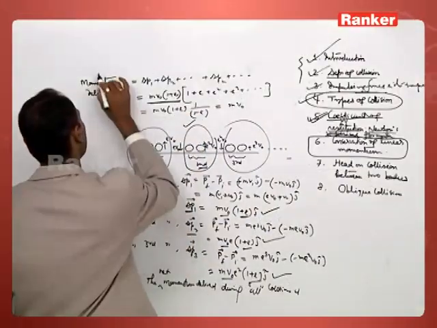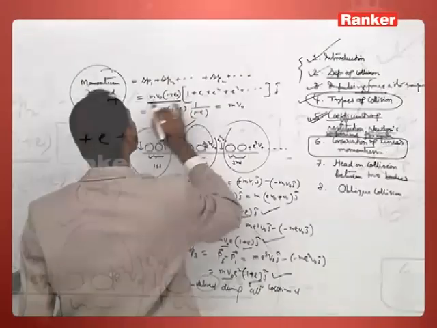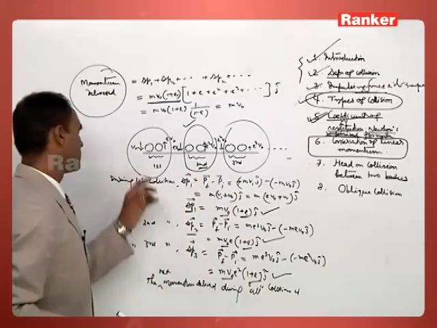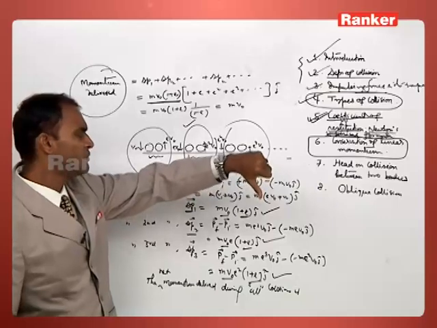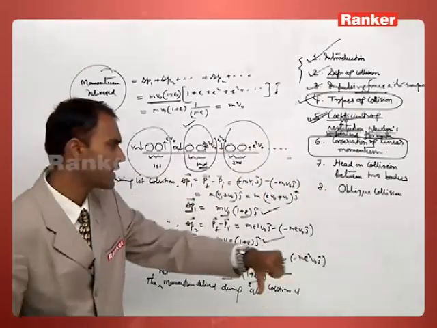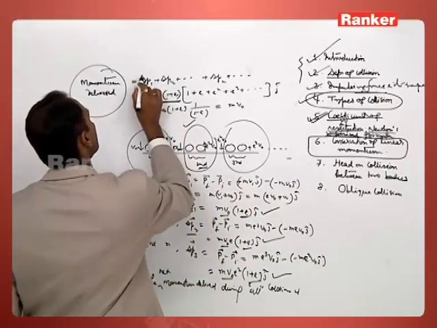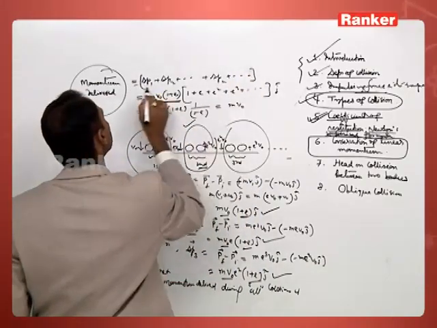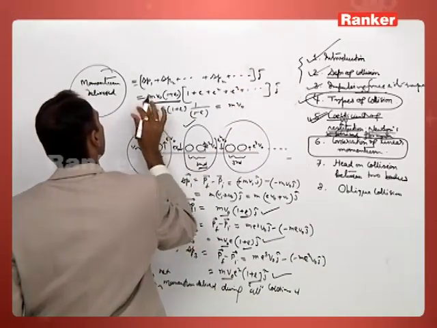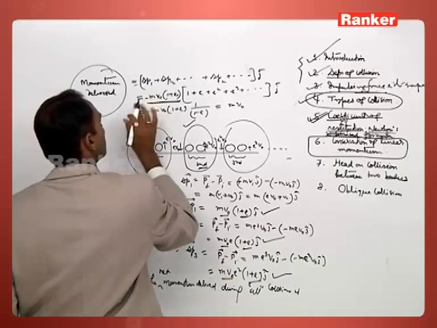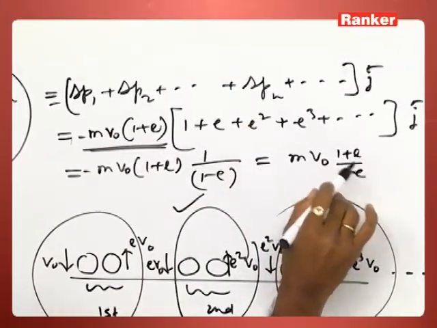So, in which direction is the momentum delivered? The change in momentum of the ball is happening in the positive y direction. Therefore, the change in momentum of the earth will be happening in the negative y direction. So, momentum delivered to the earth is physically understood to be downward, m v naught (1 plus e) by (1 minus e).